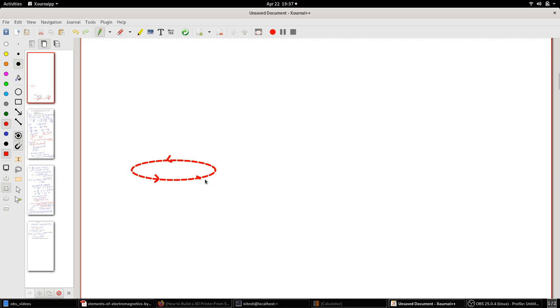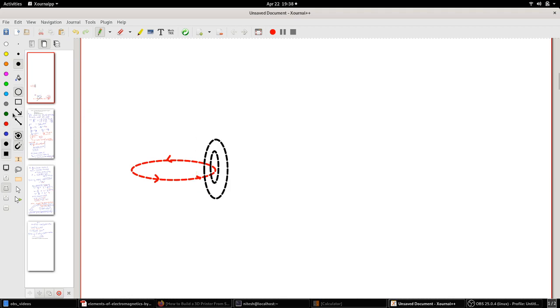If I use the right hand rule, my thumb will be pointing in the direction of the current, and the curling of the fingers will be my magnetic field. So my magnetic field will look something like this.